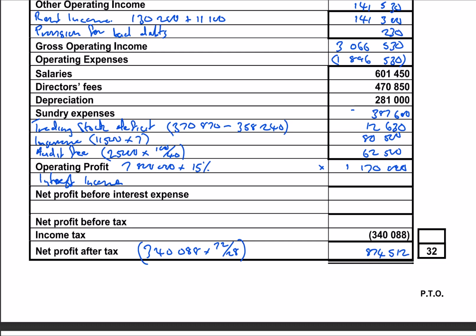So our net profit before tax will be 874,512 plus tax, which is 340,088, which is 1,214,600.